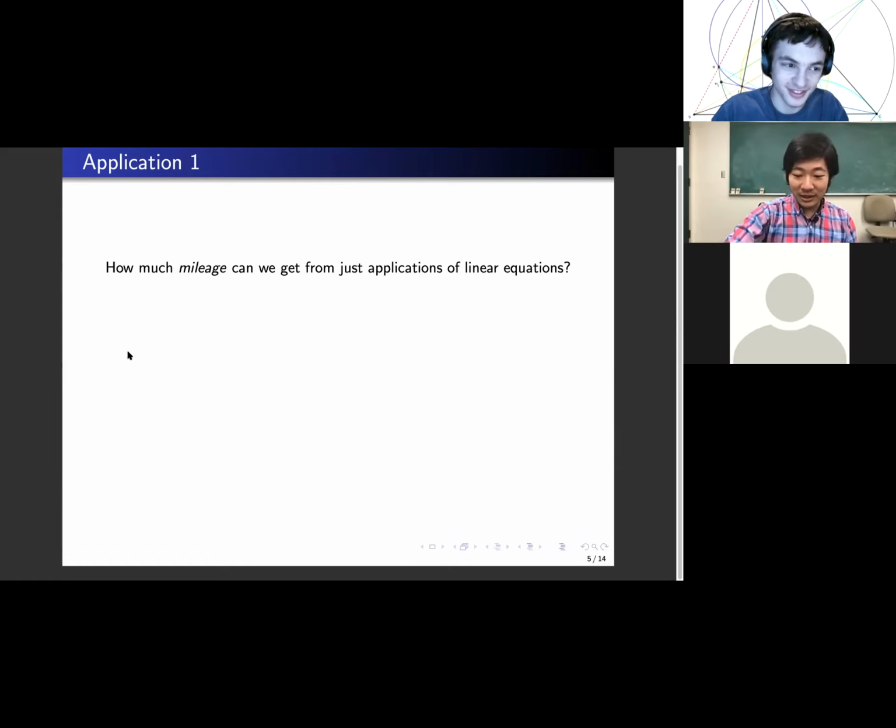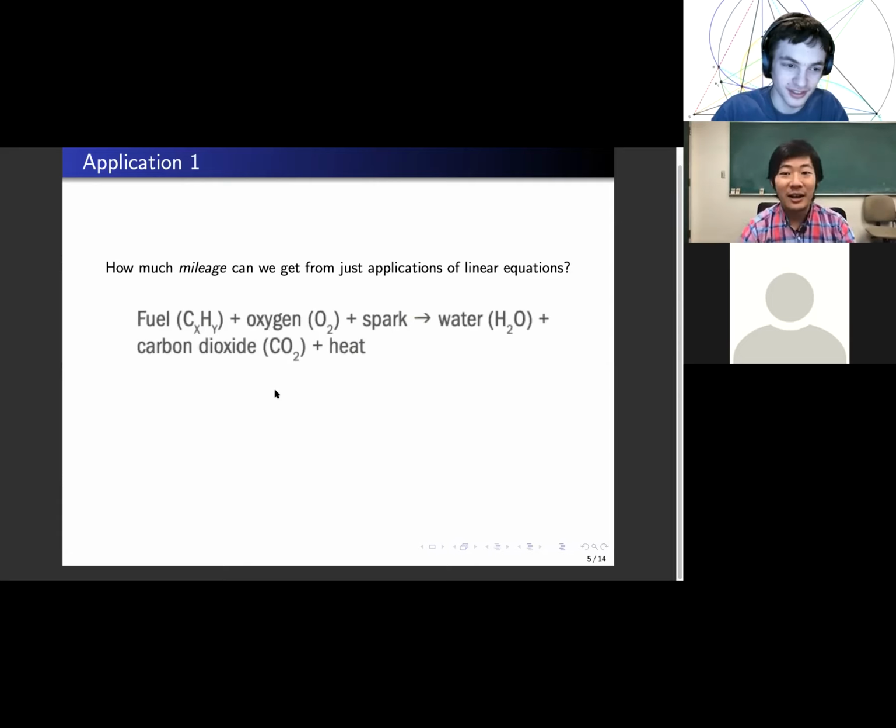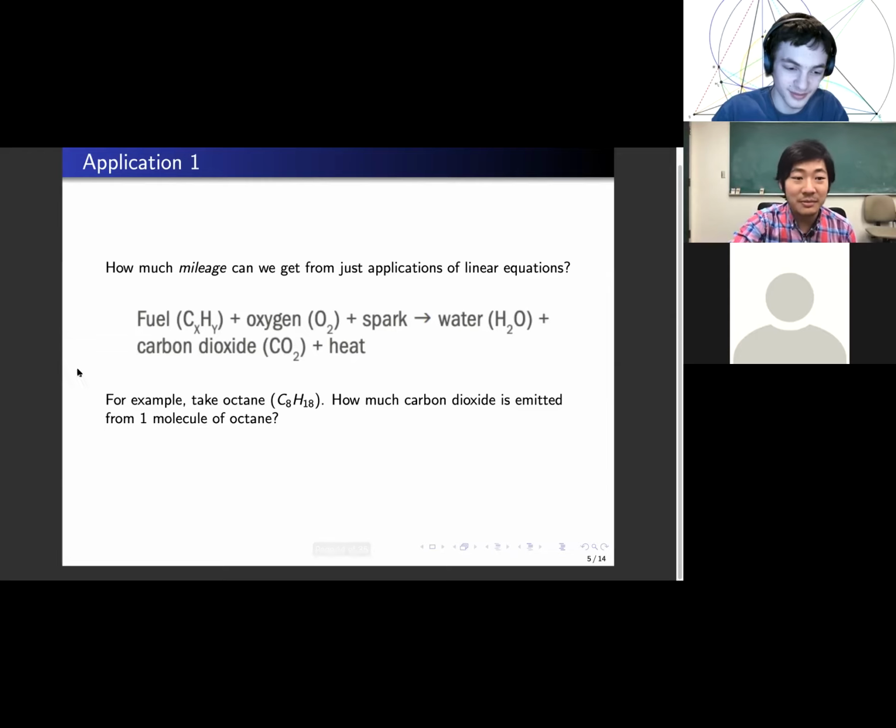Well, if we want to study mileage, then we should probably look at how cars work. And so cars work by combustion of hydrocarbons plus some oxygen. And that spits out some heat, which is energy. But then as a byproduct, you get water and carbon dioxide, which we all want to try to avoid. So one application of linear equations is in balancing chemical equations.